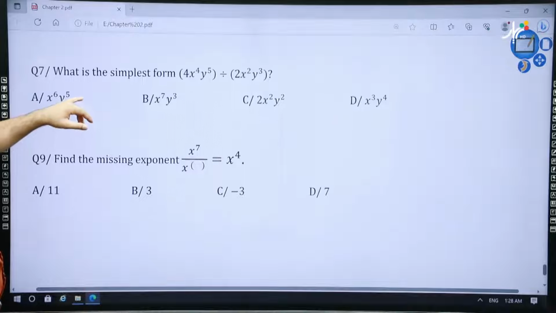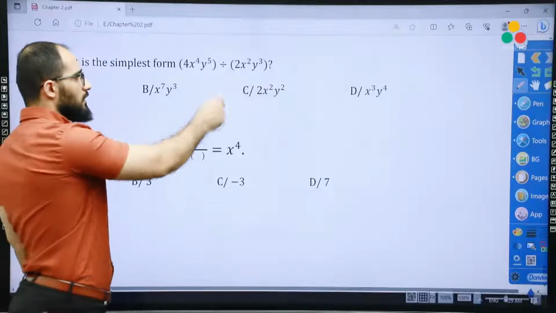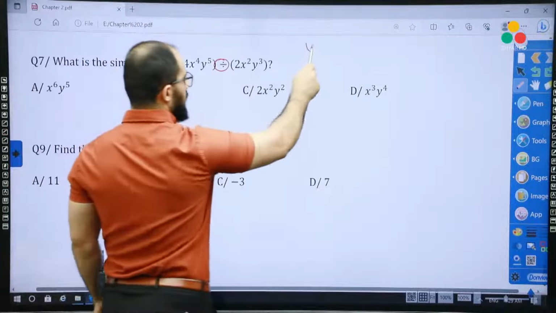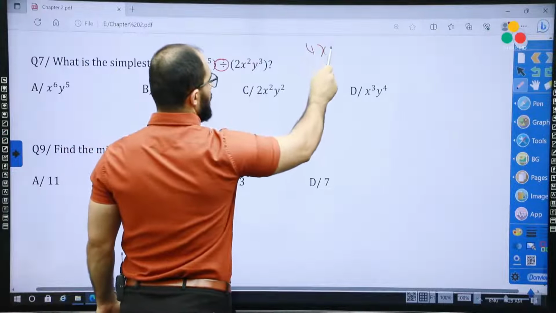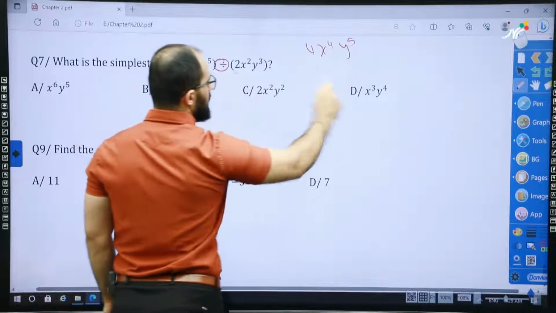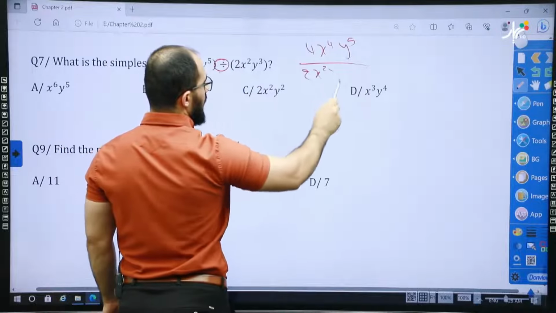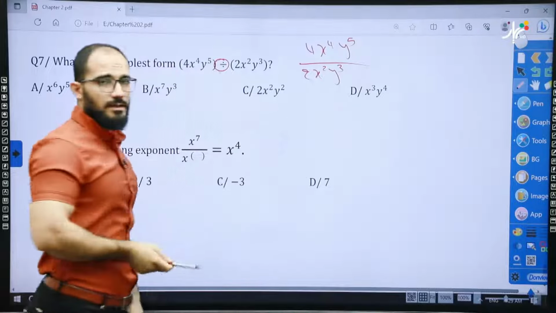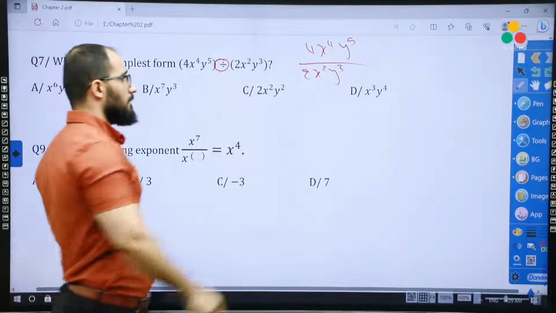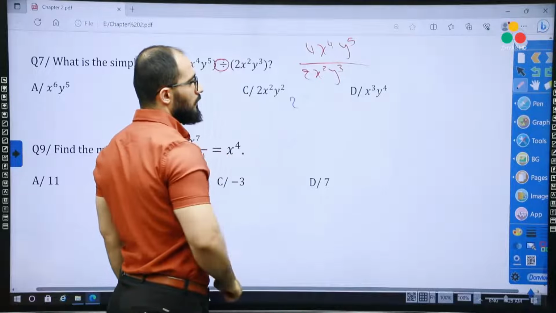So be careful, sometimes in the question there is no fraction, it gives you the division sign. So 4x power 4, y power 5, divide, okay, 2x power 2, y power 3. It's quite easy. Number with number, x with x, y with y. 4 divided by 2 is equal 2.